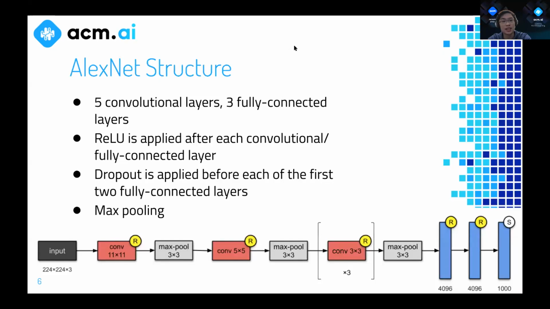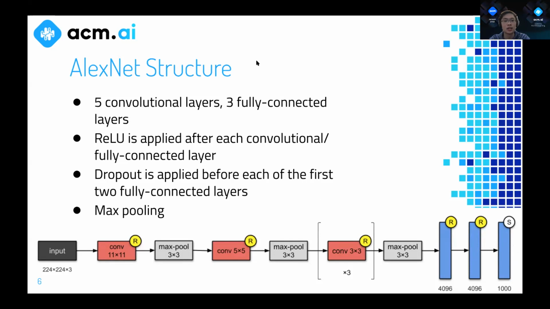All right, so let's look at the basic structure of AlexNet. So there are 5 convolutional layers and 3 fully connected layers, which are all at the end here. And ReLU is applied after each convolutional or fully connected layer, except for the output layer here, where I think softmax is being applied because we're doing multi-class classification.